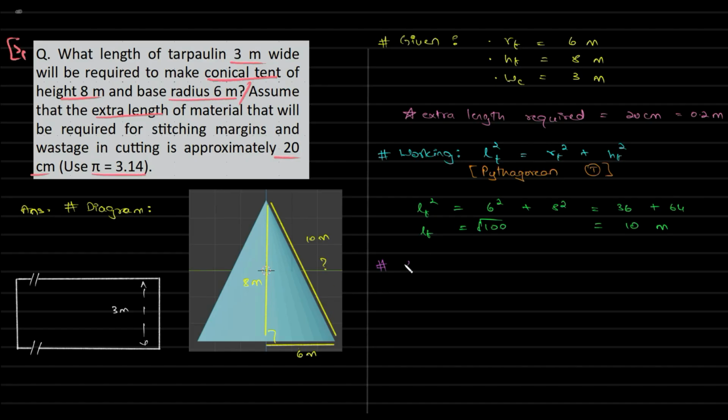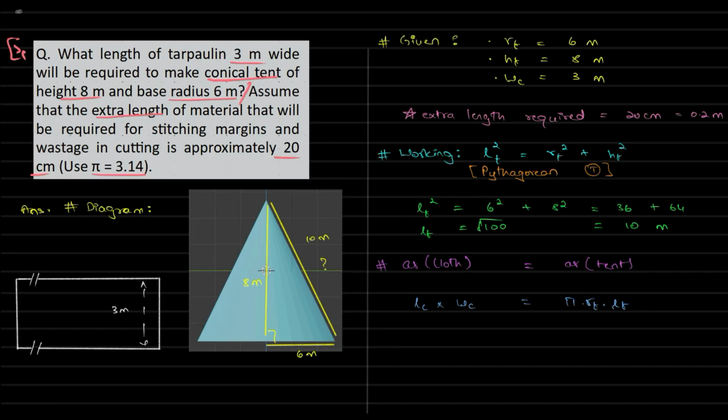Okay. Now the area of the cloth that is part of the tent. So that is equal to the area of the cloth that is to be taken out from the shop and the area of the tent. We need to equate them. So this is nothing but length of the cloth into width of the cloth, and this is pi r into slant height of the tent.